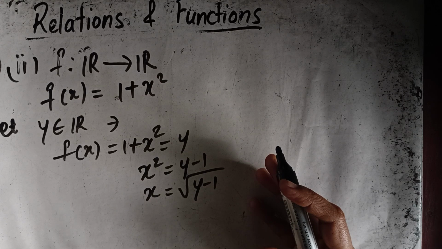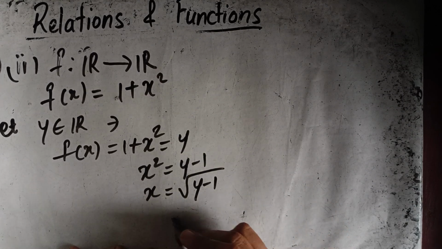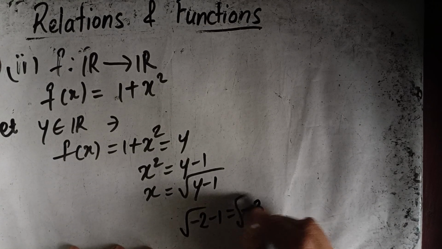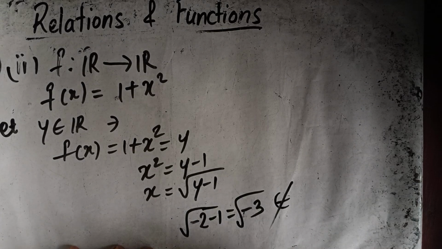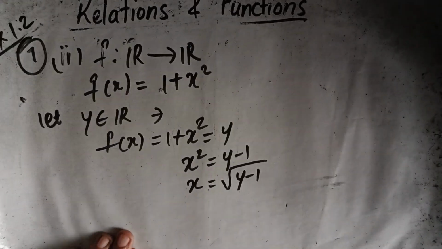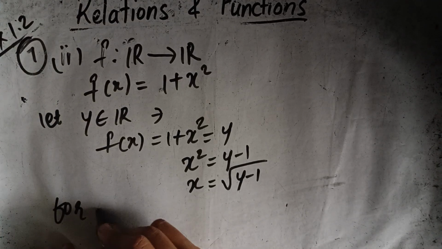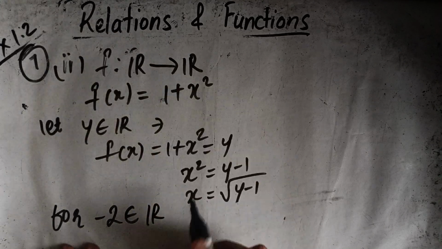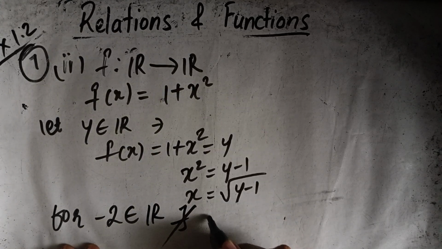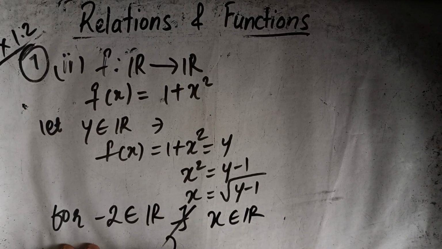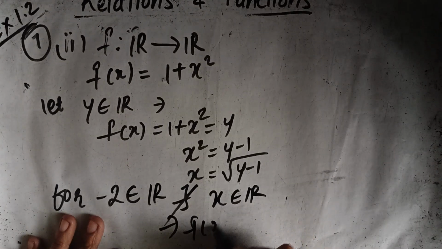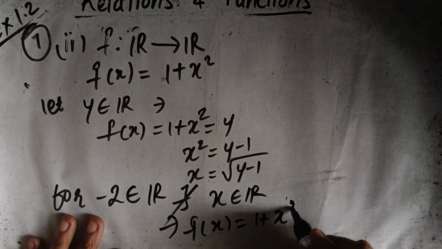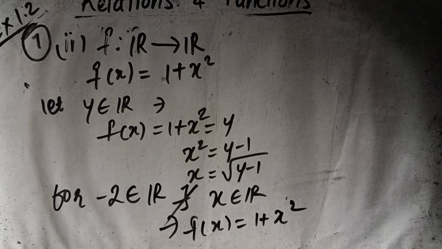So if I take, say, minus 2, minus 1, so you'll get root of minus 3. Okay, and this does not belong to R, right? So you can write that for, say, minus 2 belonging to R, that is the codomain, there does not exist any x belonging to R such that f of x is equal to 1 plus x square. Okay.